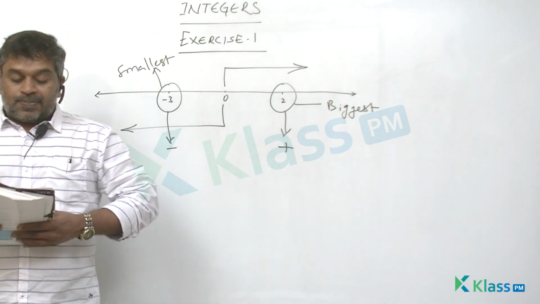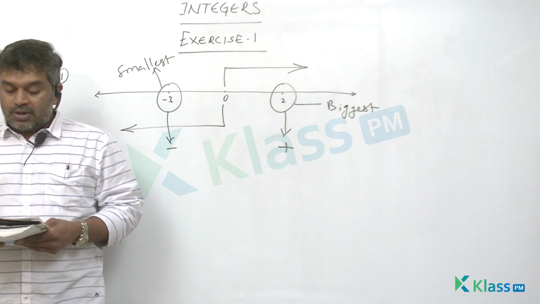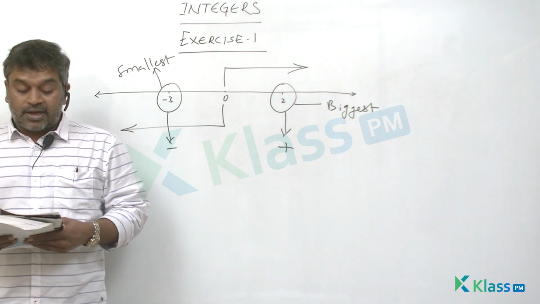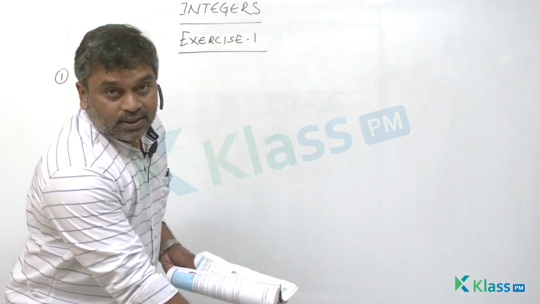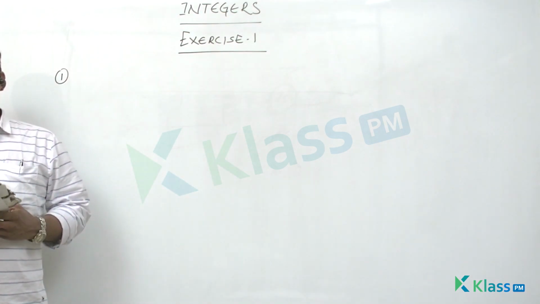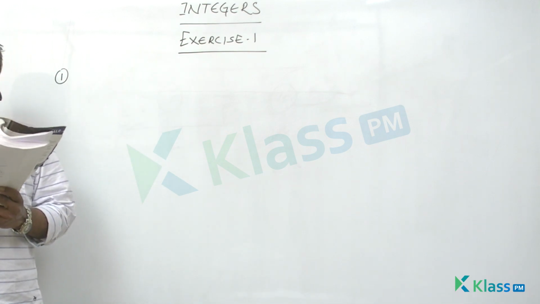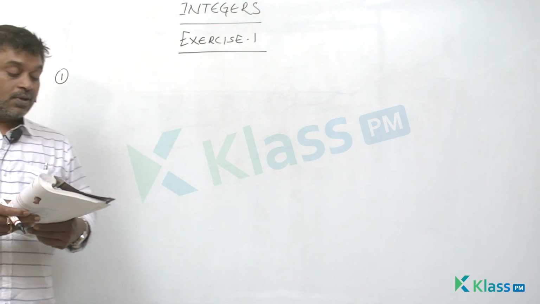The second question: write the integers between the pairs of integers given below. Also, choose the biggest and smallest integers from them. In this question, he has given some integers and we have to write the integers between the given integers, and find the biggest and smallest.